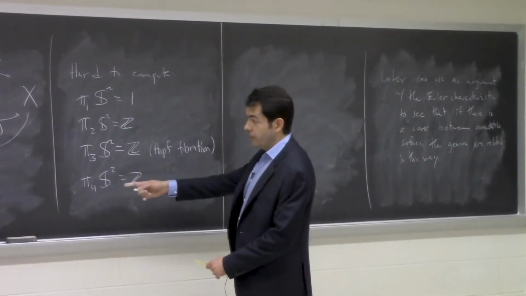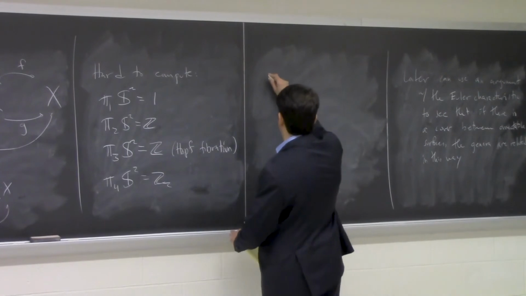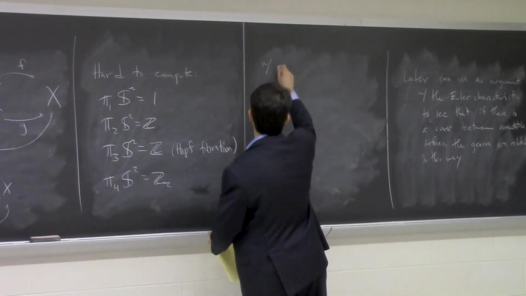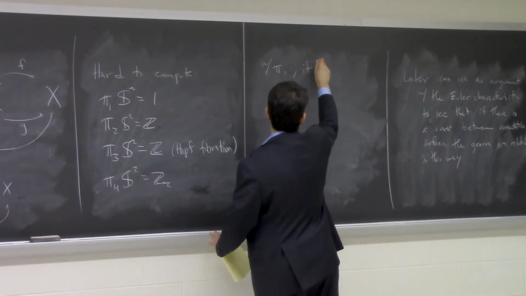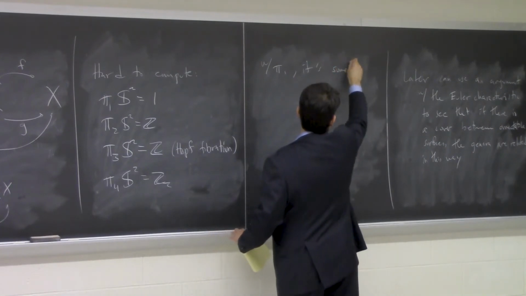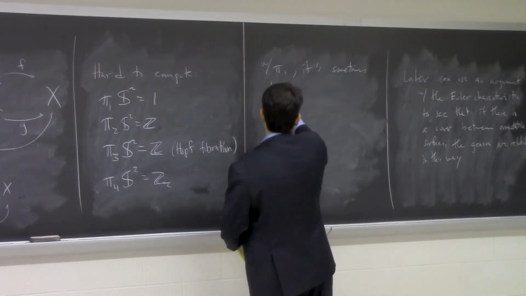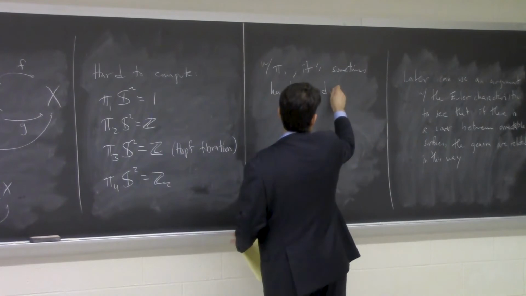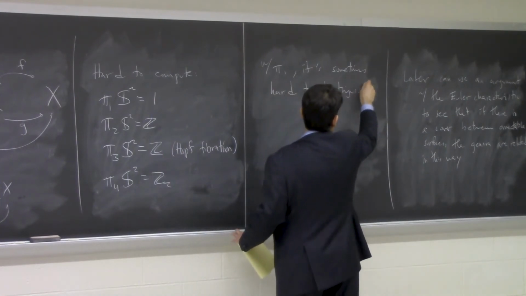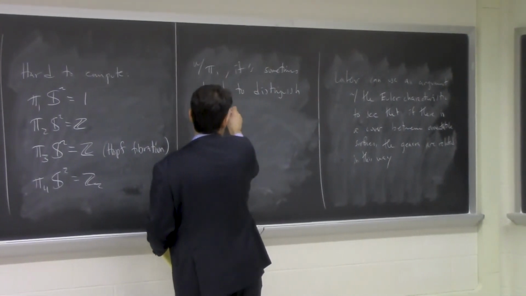So one problem that is fixed just by being abelian is that with pi1, it is sometimes hard to distinguish the groups you get.